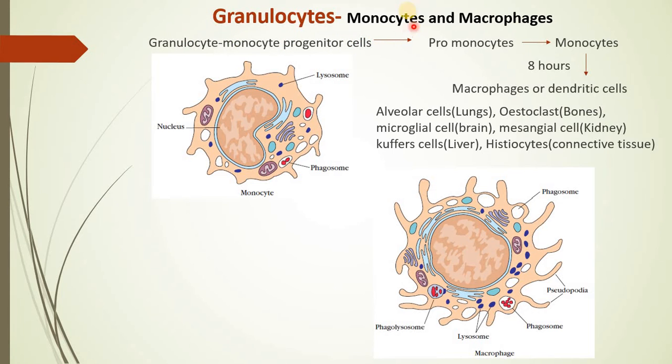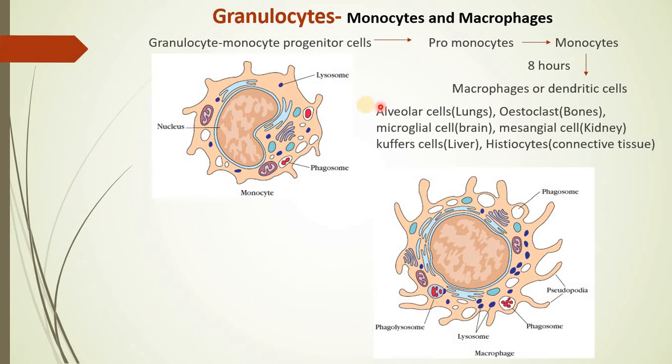So if I am talking about monocytes, I should say that the granulocyte monocyte progenitor cells will be differentiated from hematopoietic stem cells, and these progenitor cells in the future course of time will further get differentiated into promonocytes and finally will get transformed into monocytes.